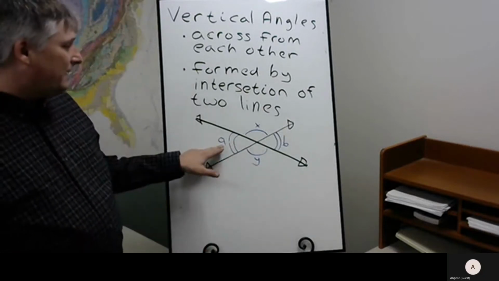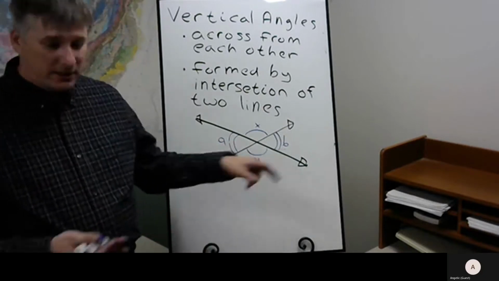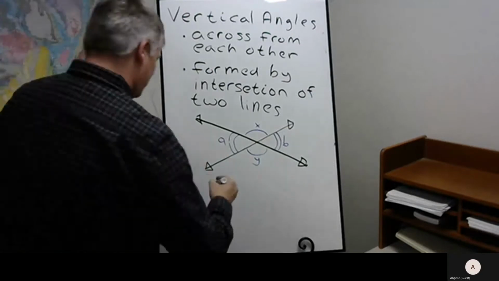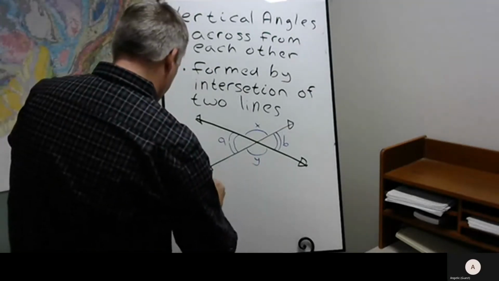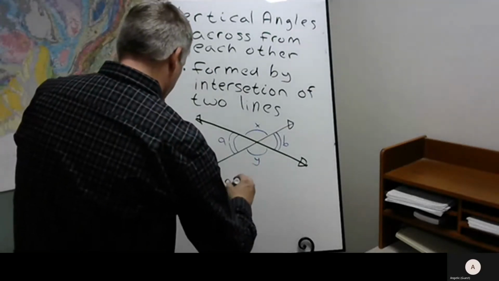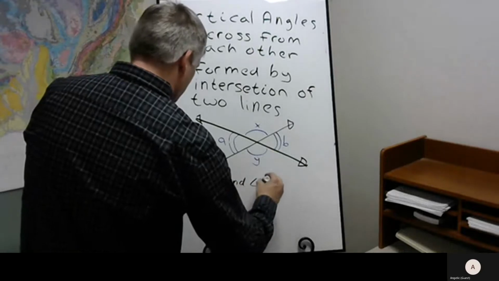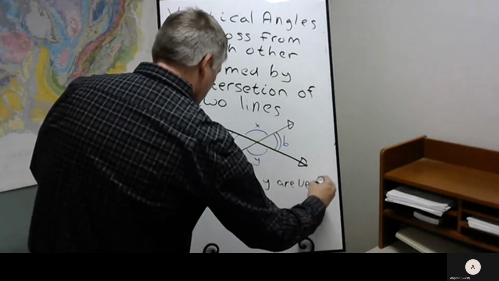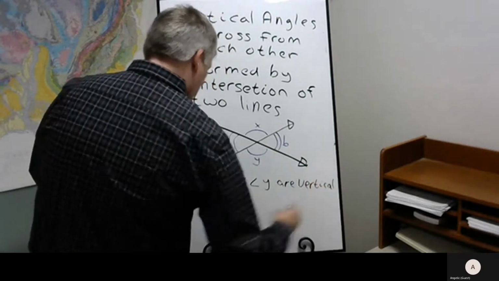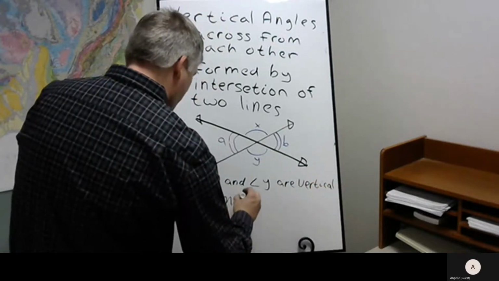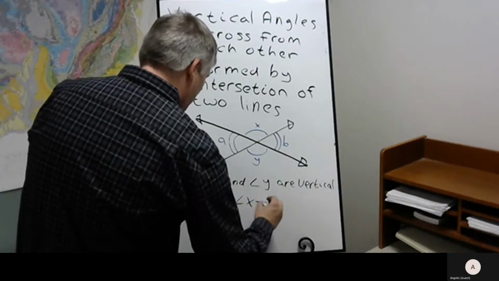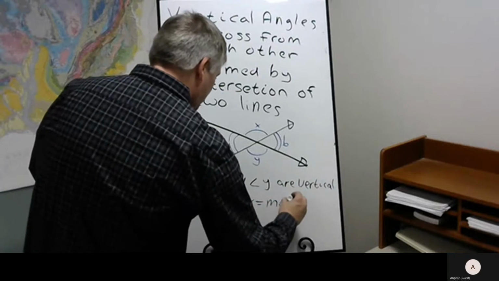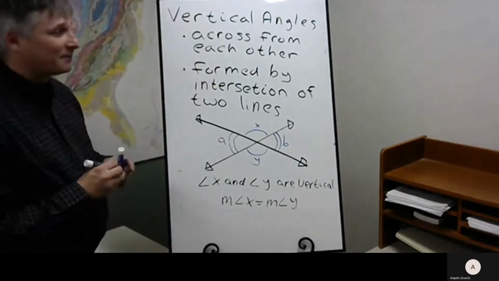And then angle A will equal angle B. So the measure of angle x equals the measure of angle y.